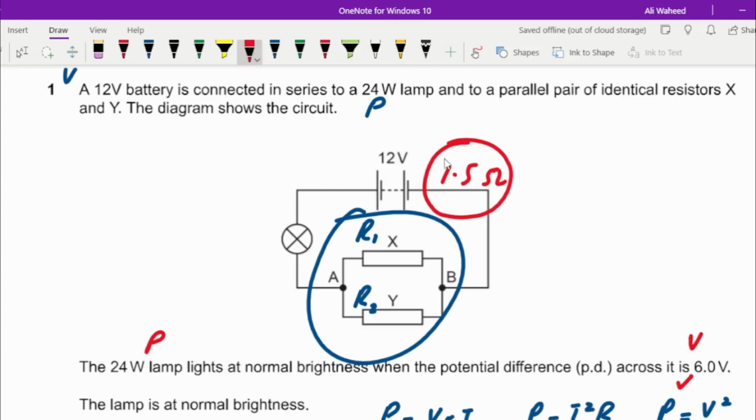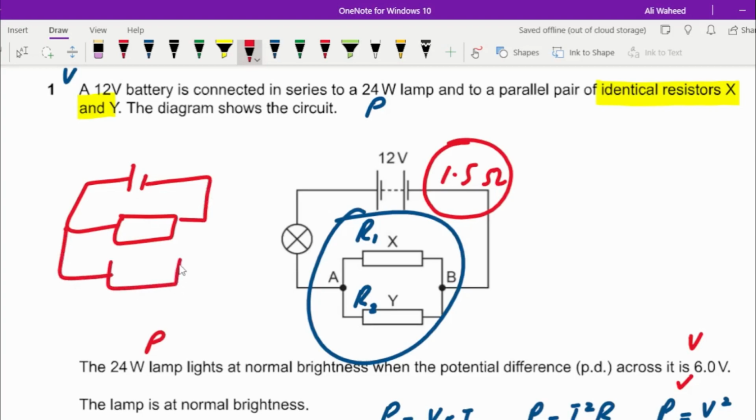What would have been the resistance of each individual resistor? Since you know that these two resistors, resistor X and resistor Y, are identical, we know one thing. Think about it: two resistors are connected to a battery in parallel to each other.